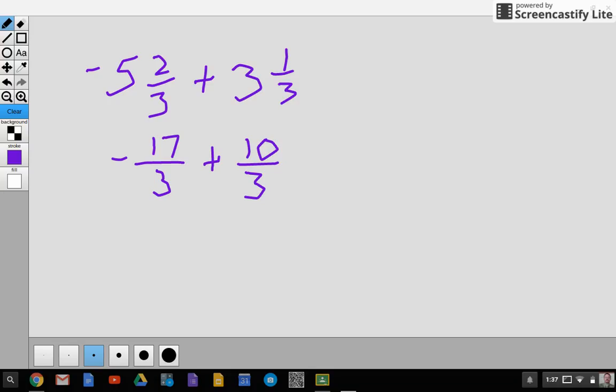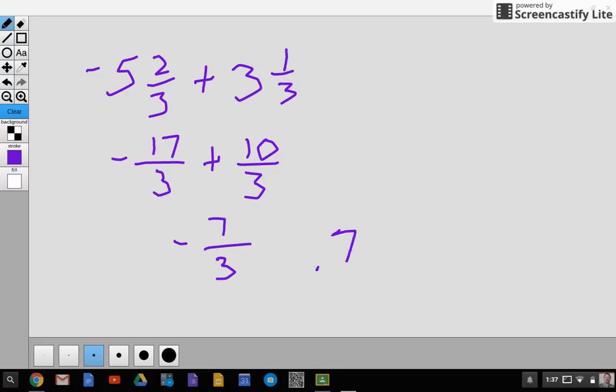So, back to my rules, different signs. I'm going to subtract and then keep the sign of the larger number. So I'm keeping that negative sign. So 17 minus 10 is 7. The denominator stays the same.